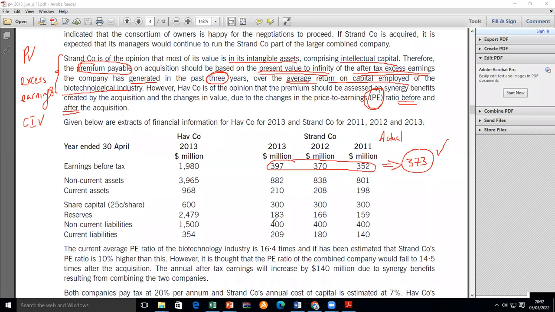What is the expected earnings? They have guided us here. It is the average return on capital employed of the biotech industry.